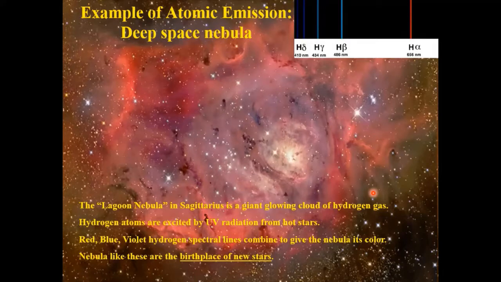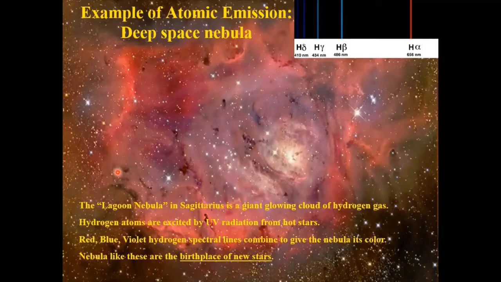And we can see this is the spectrum of hydrogen here. Remember, there's a red line, a teal colored line, and then some blue and violet lines. And if you blend all of these colors together, which is what our eyes see without a spectrograph, then we see this purplish pink color from blending red and blue and violet colors all together.